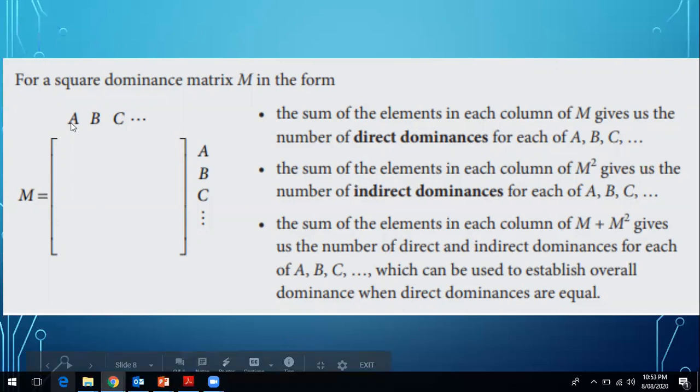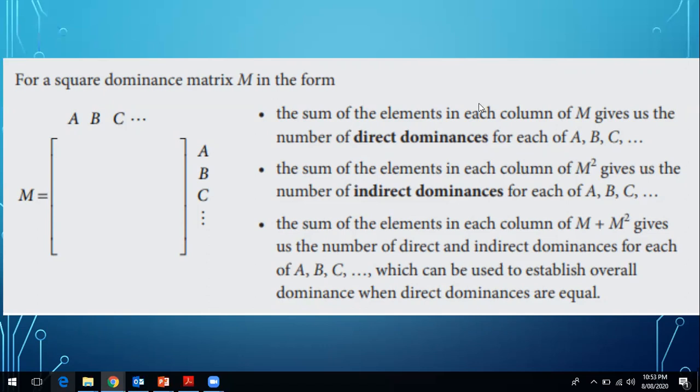If the sum of that column is 2, it means A has won 2 out of 5 games, or whatever is given, a total of 2. So there's a direct dominance of 2. If it's 4, it's 4. If it's 0, it means there is no dominance of A over others.